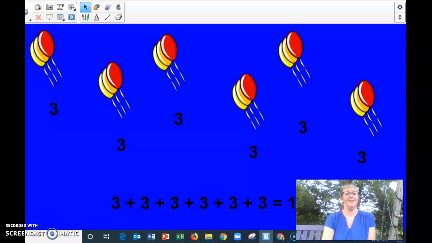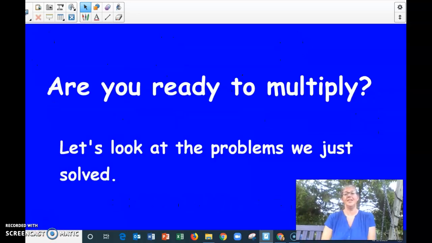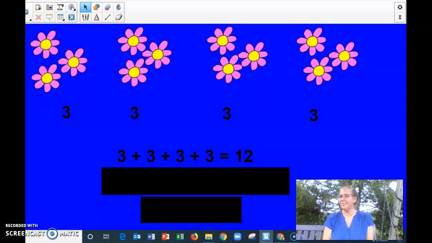Okay? So the big question is, are you ready to multiply? It's the first day of new third grade math, and you're getting ready to multiply. So we're going to look back at the problems that we just went through and solved. Remember that one? The very first one we did, where we had the 4 groups with 3 in each group.